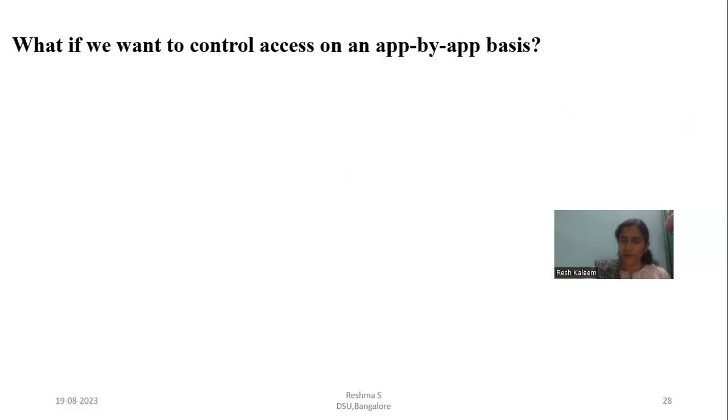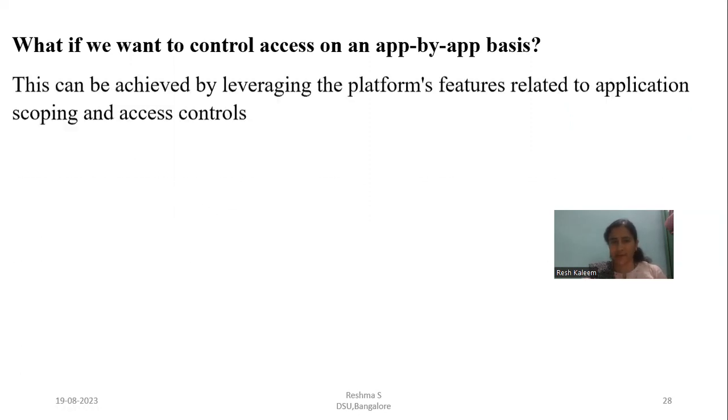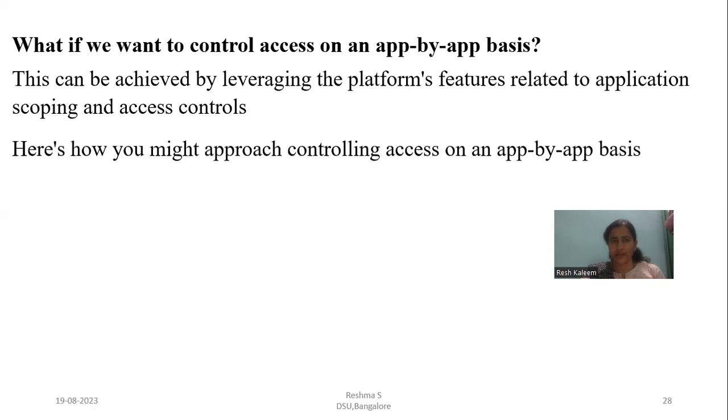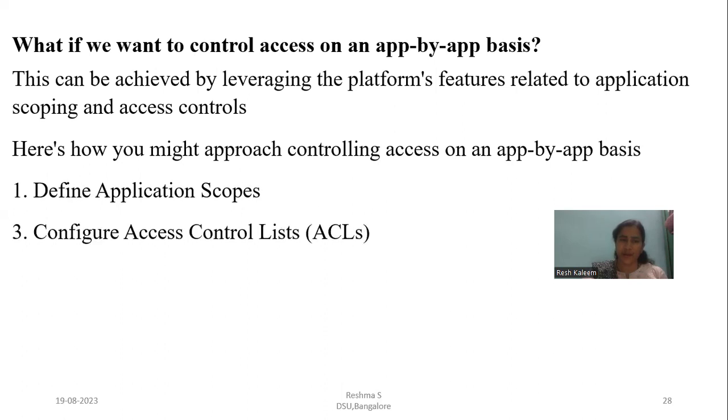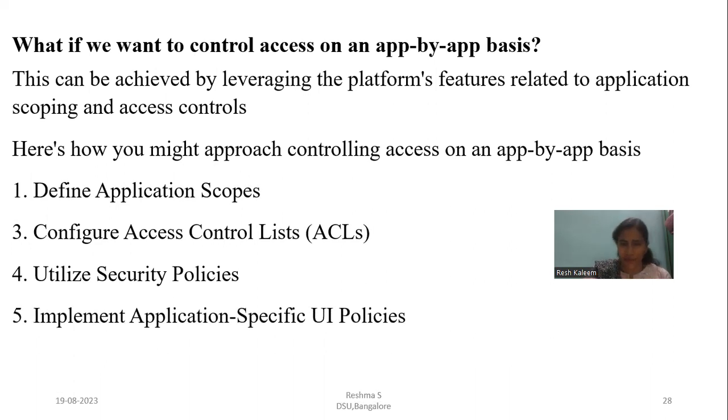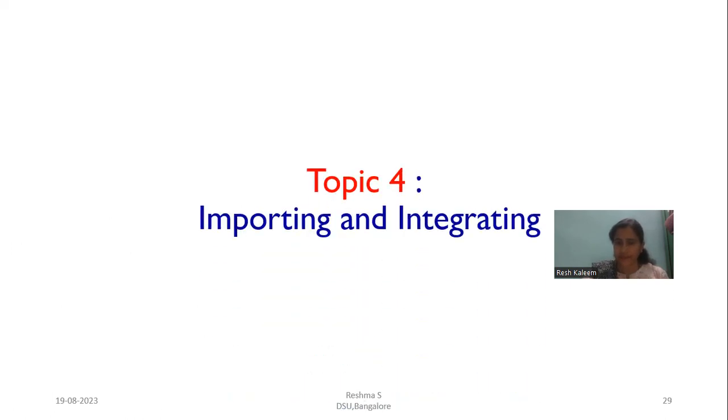So now we'll see through the demonstration, what if we want to control access in a step-by-step process. Here we have to follow the steps: first we have to define an application scope, then configure the access control list, utilize security policies, implement application-specific UI policies, and finally audit and monitor the access.